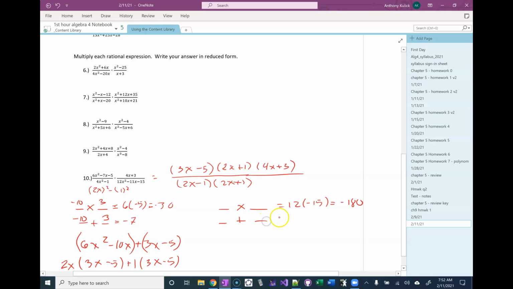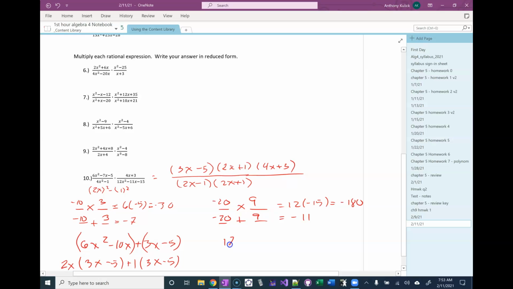And they also have to add to give me -11. So the two numbers that do that are -20 and +9.